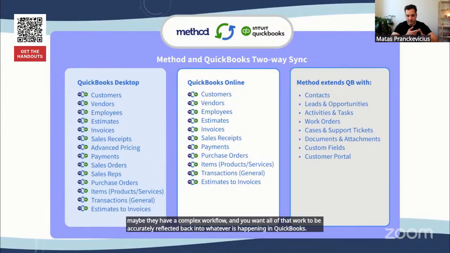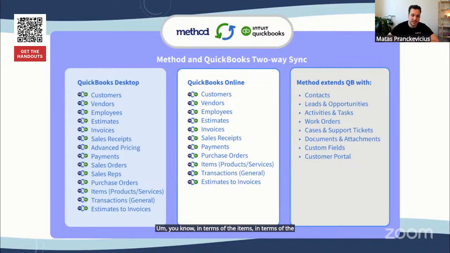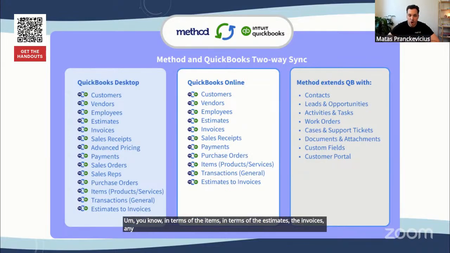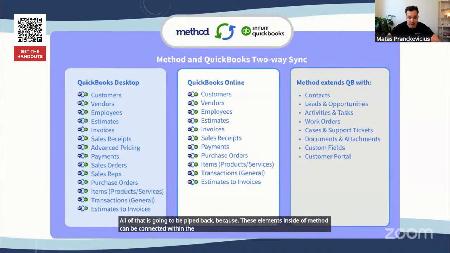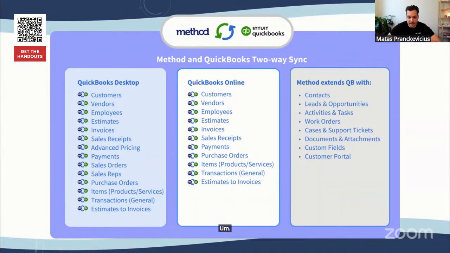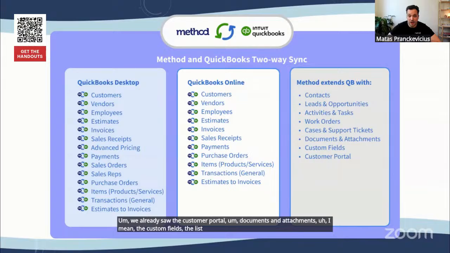In terms of the items, in terms of the estimates, the invoices, any adjustments, all of that is going to be piped back because these elements inside of Method can be connected within the other elements inside of Method. We already saw the customer portal, documents and attachments. I mean, the custom fields, the list goes on and on and on.